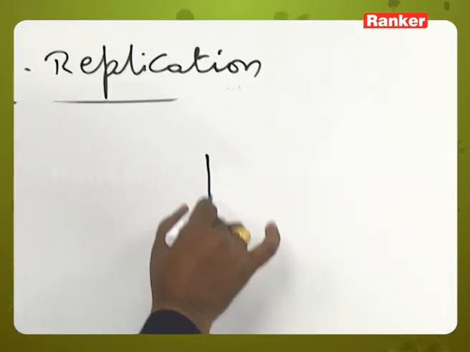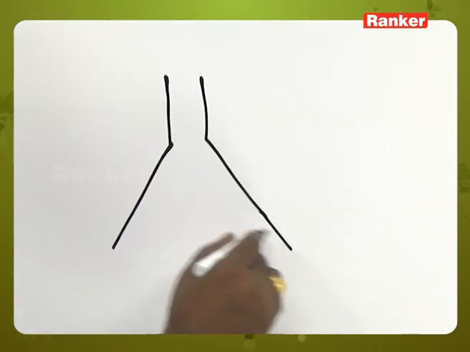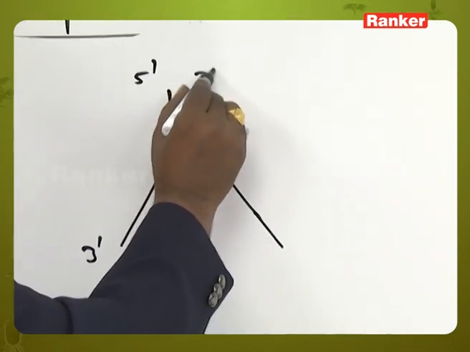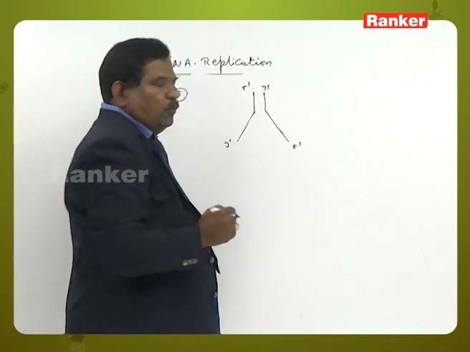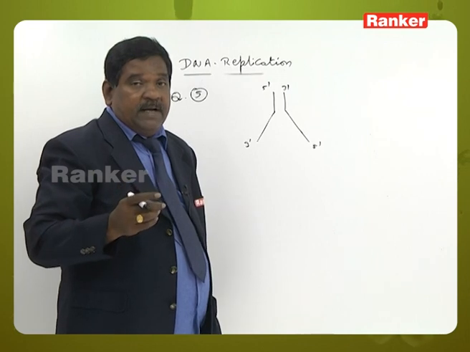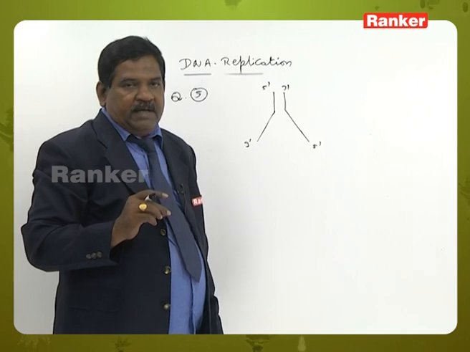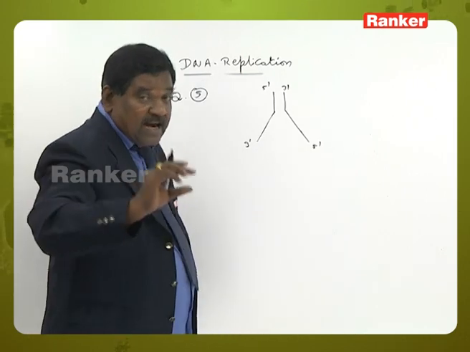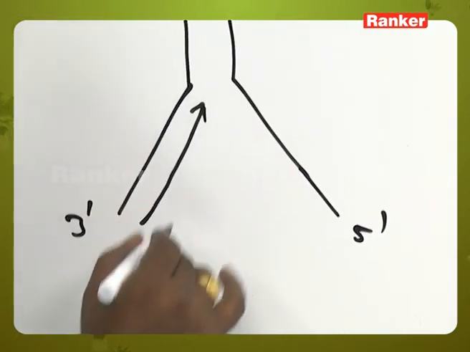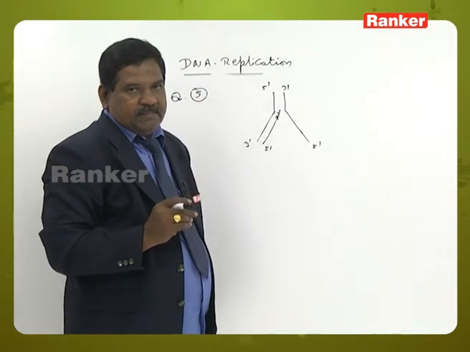The two strands of DNA separate from one another at the origin of replication. Both strands act as template in DNA replication. DNA dependent DNA polymerase adds nucleotides in 5 to 3 end polarity.